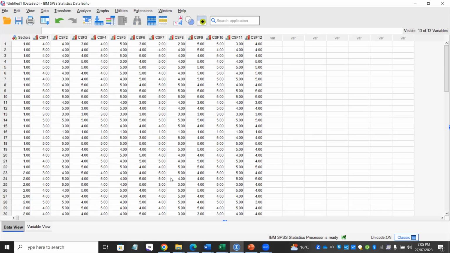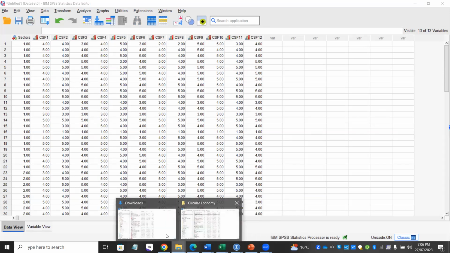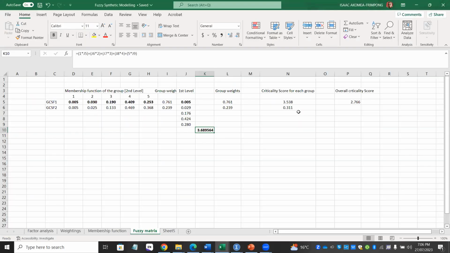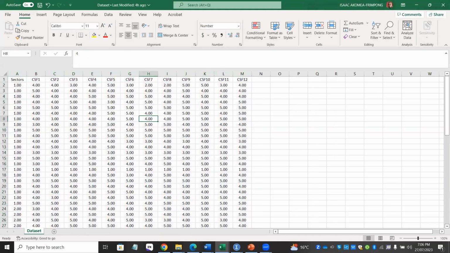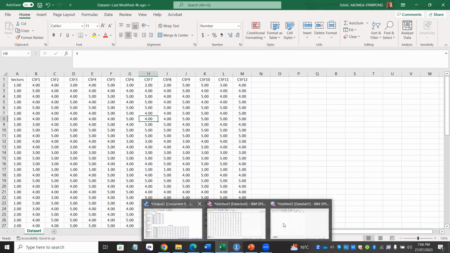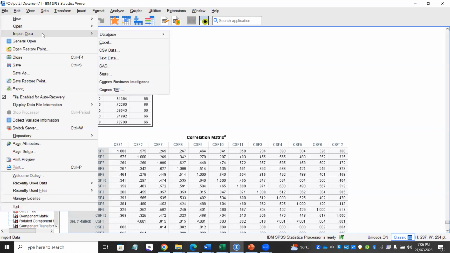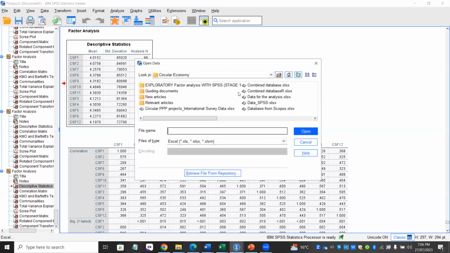But you can also decide to put your data set in an Excel form like this, and then once you put it in an Excel form, you can import it into your SPSS. That's also another way by which you can get the data set into your SPSS. So here you click Excel and then you choose.